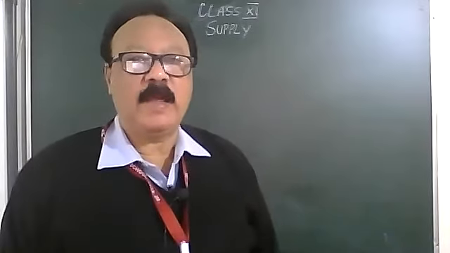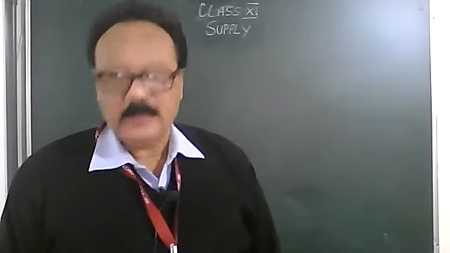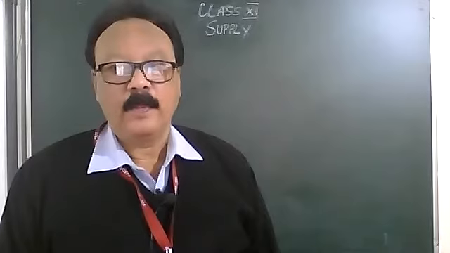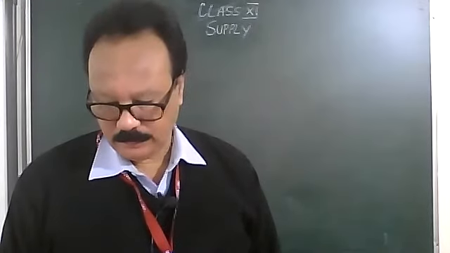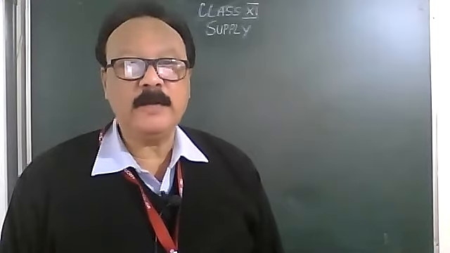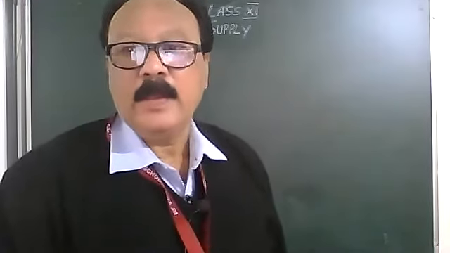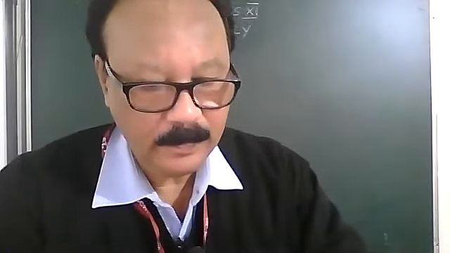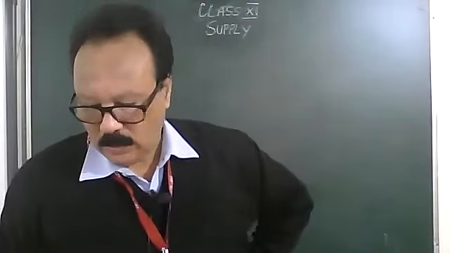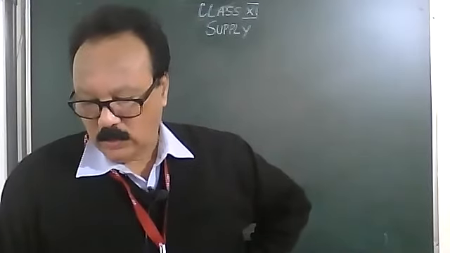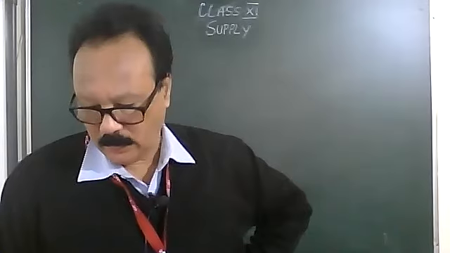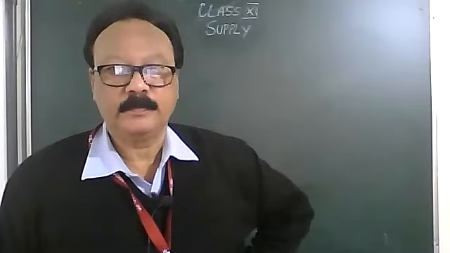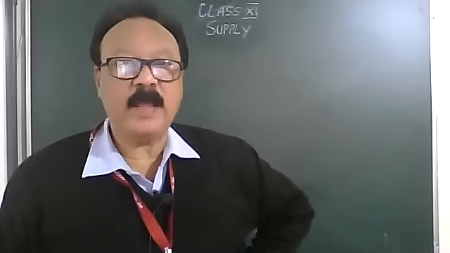Write down the definition of supply. What do we call supply? Supply is the amount of a product that a producer is willing to offer for sale at a given price during a given period of time.